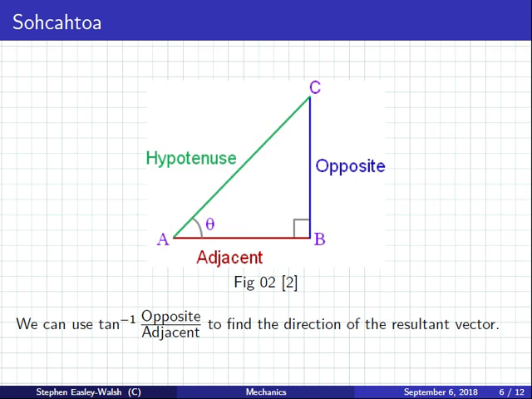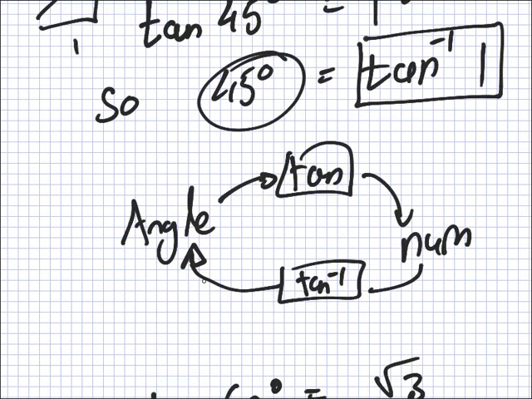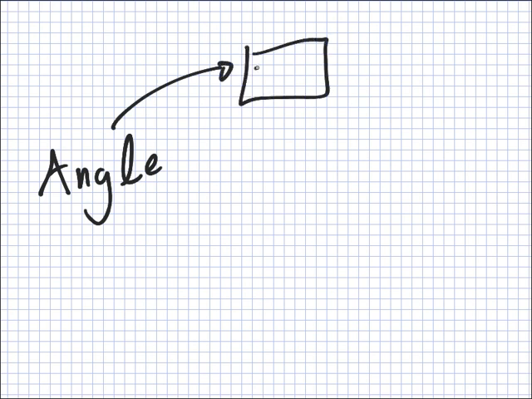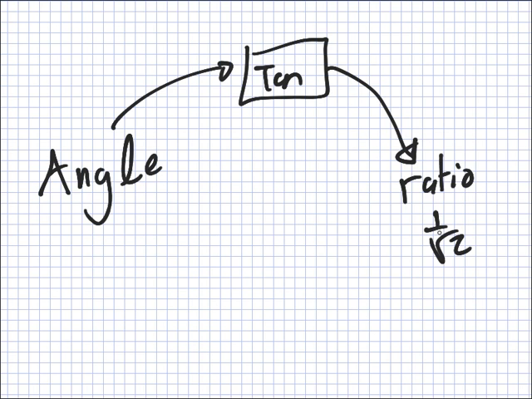Can I just remember the cycle angle? You draw the cycle. Oh, you mean like this? Let me make that a bit clearer. You have an angle, you put that into tan, and you get what's called a ratio, like 1 over root 2, a fraction.